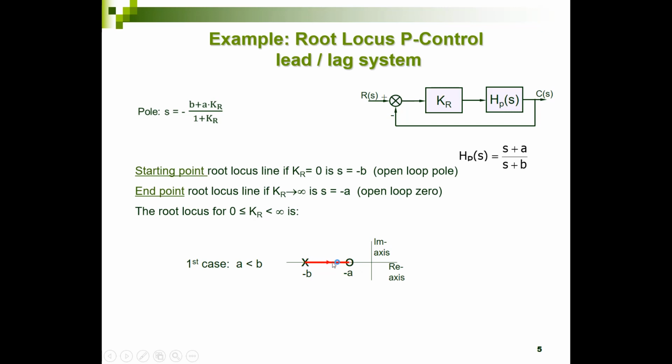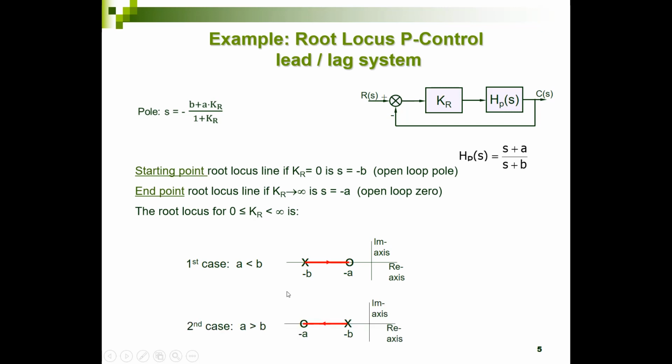So we draw the root locus like this, and we can put an arrow in it which indicates the movement of the root of the closed loop system when kr increases. So the root locus is like this. It starts over here and it ends over here.